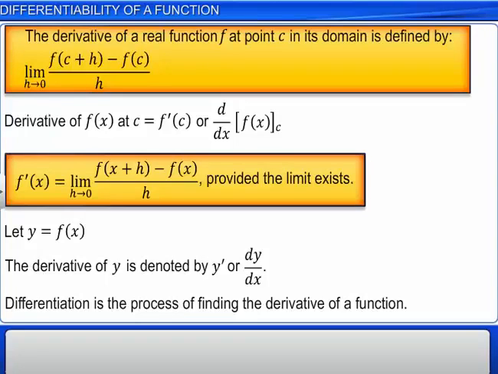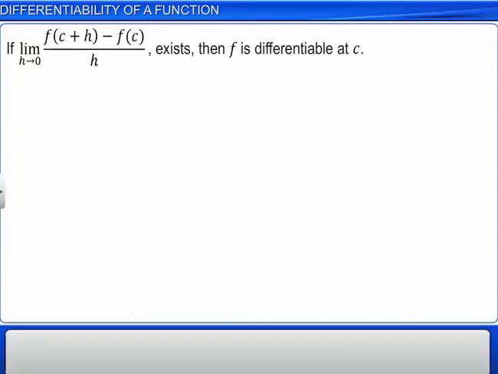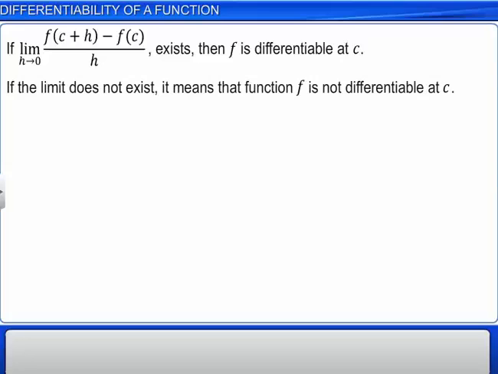While defining the derivative of a function at a point c, we always emphasize the fact that the limit must exist for the existence of the derivative. Conversely, if the limit does not exist, then we say that the function f is not differentiable at c.